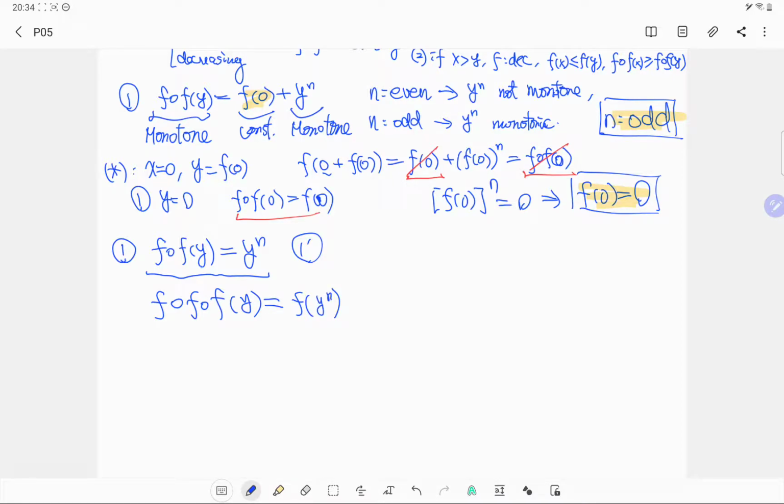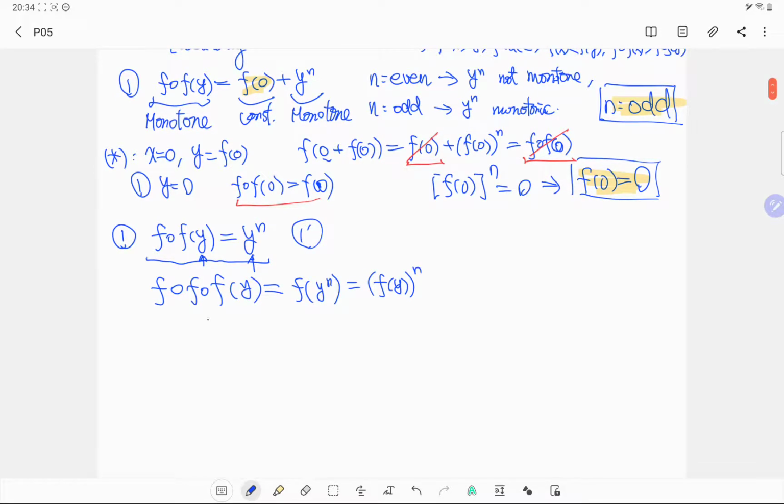Or you can substitute y to be f(y), so this one will be f(y) quantity to the nth power. And in this one, we can plug in y equals 1, so that we will have f(1) to the nth power, which is 1, equals f(1) quantity to the nth power.